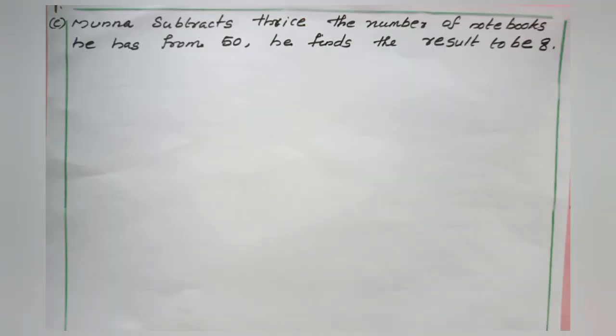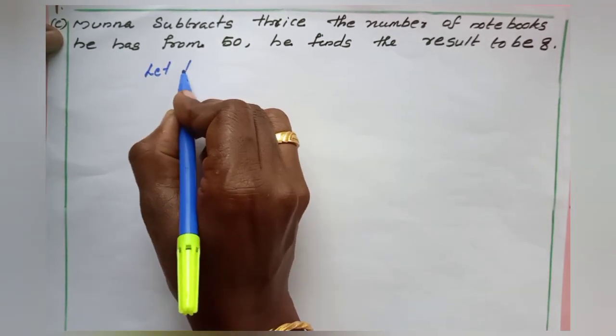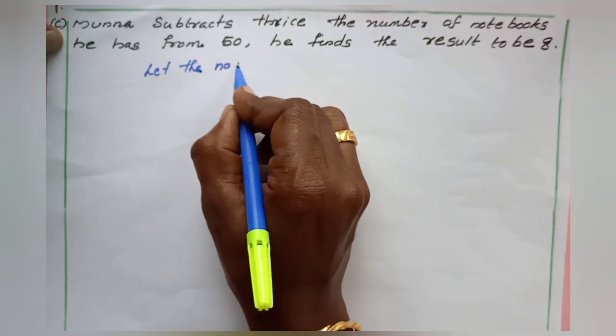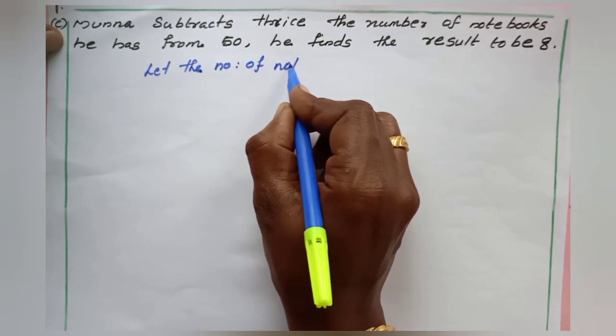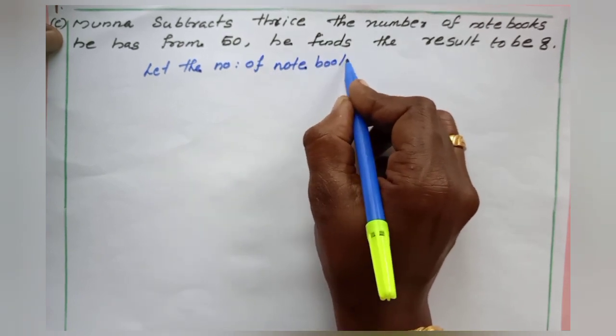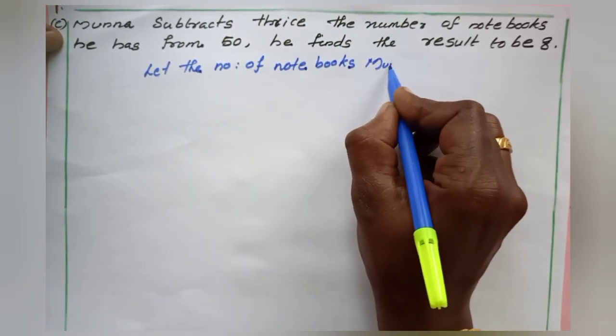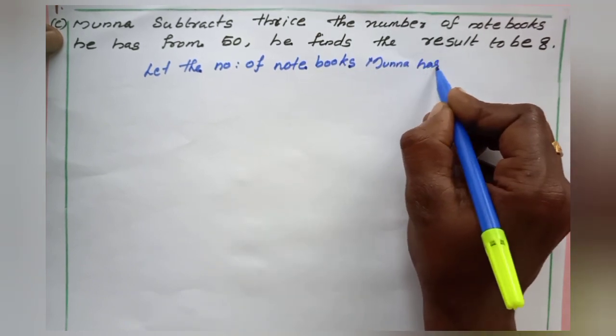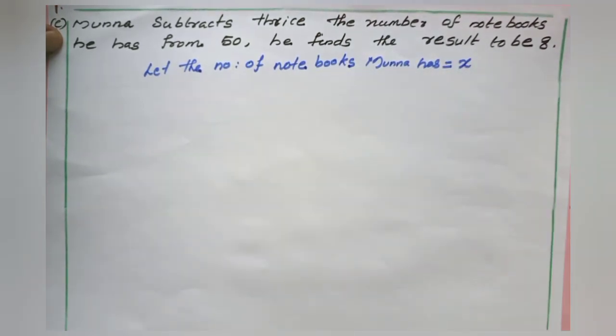Listen to the next question. Munna subtracts thrice the number of notebooks he has from 50. He finds the result to be 8. So let the number of notebooks Munna has be x.